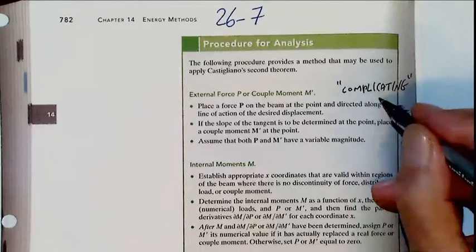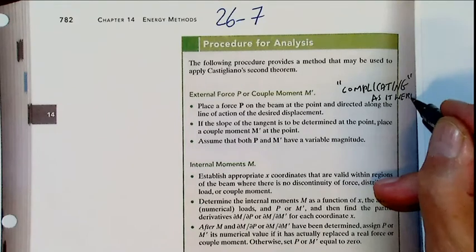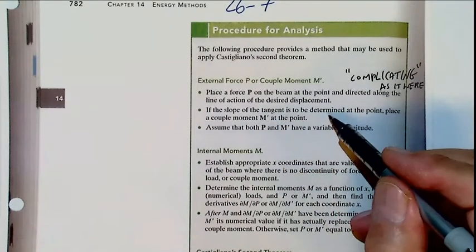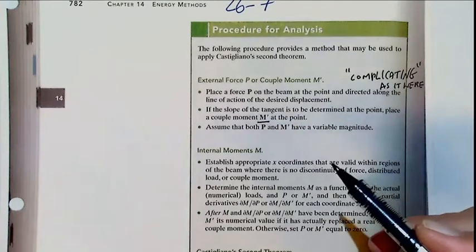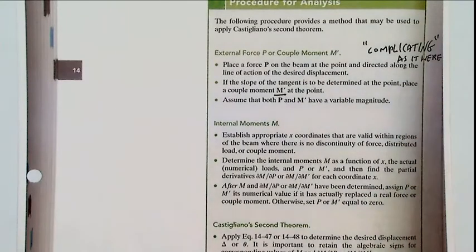If the slope of the tangent is determined, then we have to add a couple moment. They have a variable magnitude. That is why I can differentiate with respect to them. I cannot put P equals 100 or 200, because then I cannot differentiate with respect to 100. It should be variable.